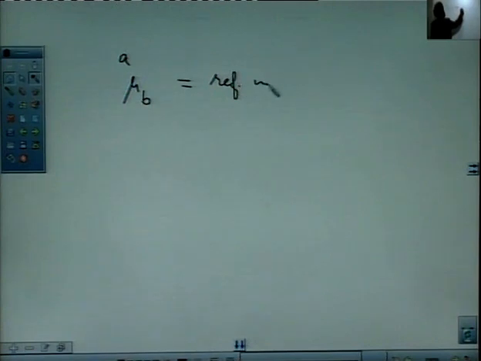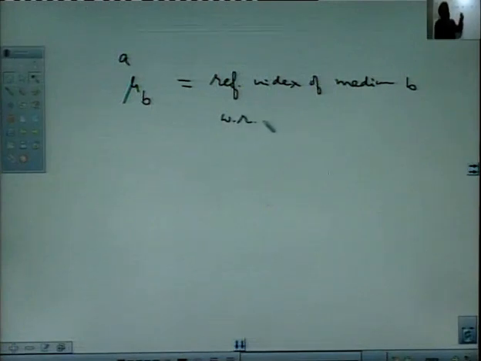Now, sometimes we take it as A mu B. This is refractive index of medium B with respect to medium A. This is called a relative refractive index. Its value can be less than 1, but absolute refractive index, when we don't take relative refractive index, that is always greater than 1.